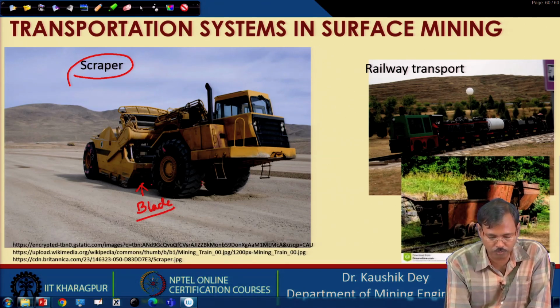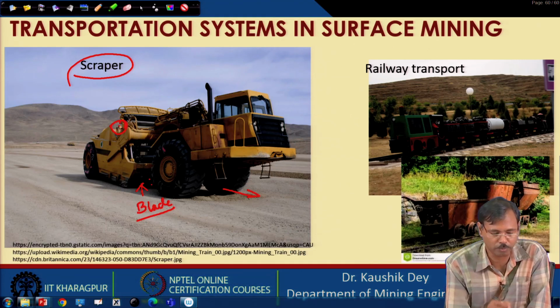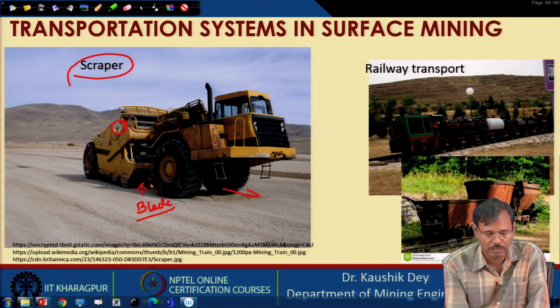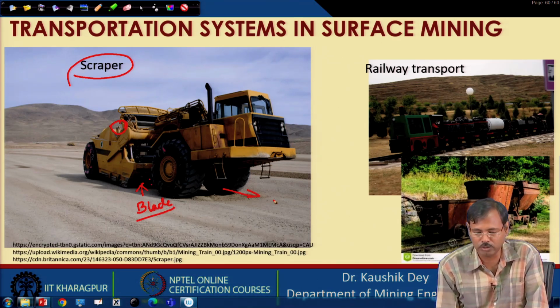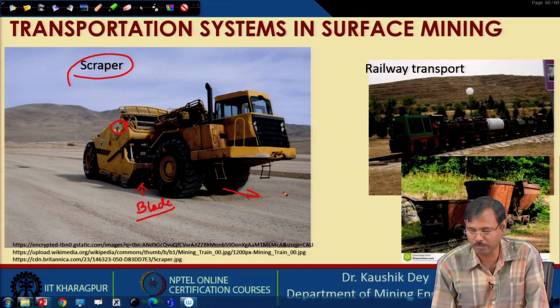As the scraper is moving in this direction, the scraper blade takes the loose fragmented material from the ground, and the bucket or pan of the scraper is filled with that material. Once it is filled, the scraper takes that material and discharges it into the discharging point, that is either a crusher or the dump yard where the scraper dumps the material.